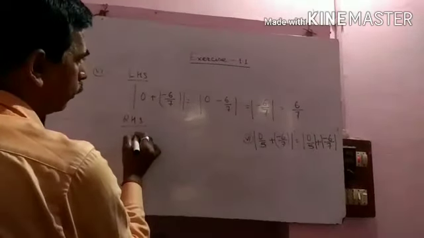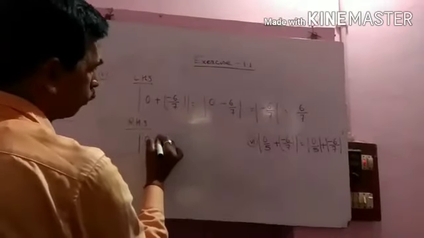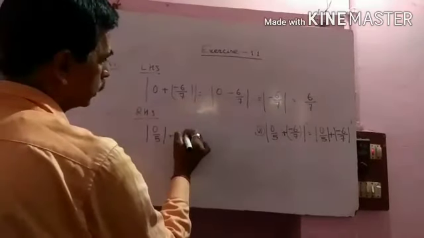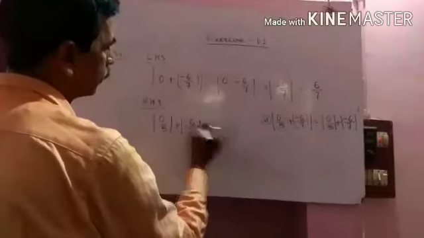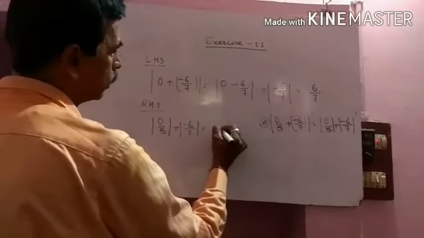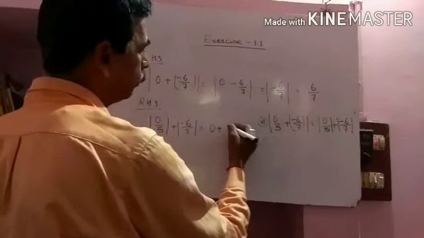RHS, where 0 by 5 plus minus 6 by 7. So 0 by 5 becomes 0 plus minus 6 by 7 after removing that mod.